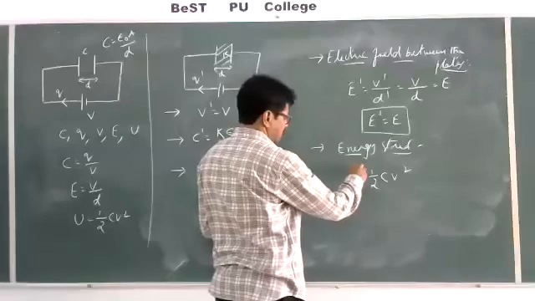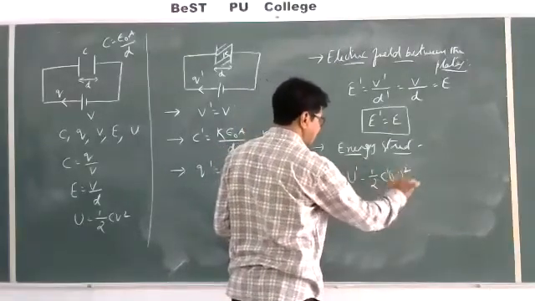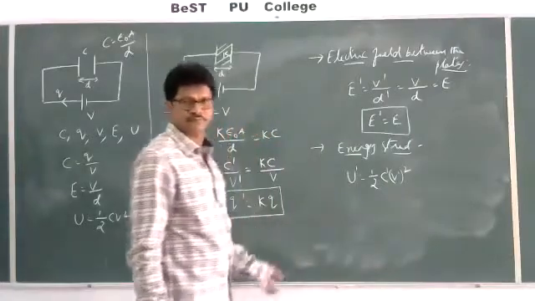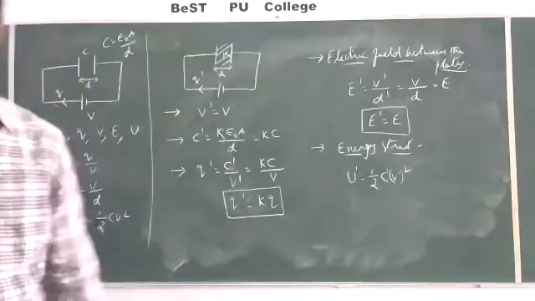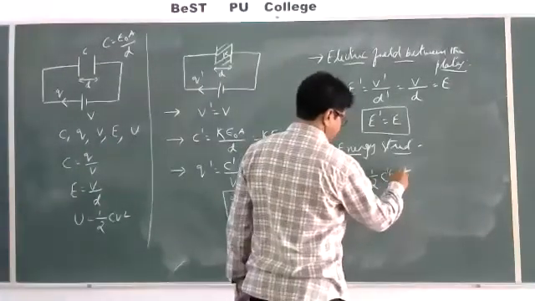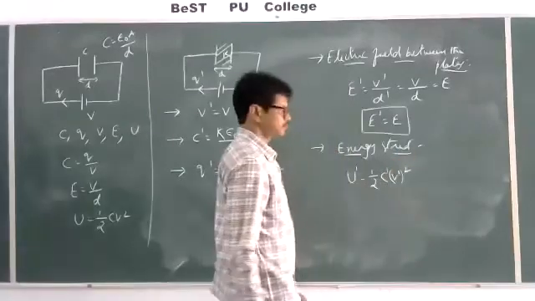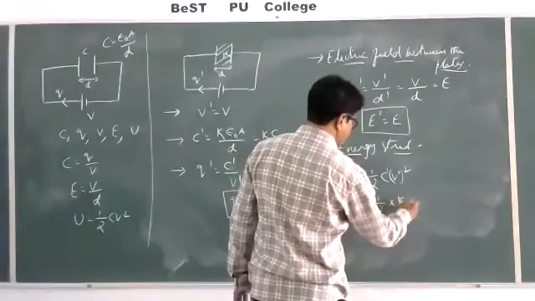Here the energy stored U dash is equal to half C dash V dash square, where C dash is equal to Kc.